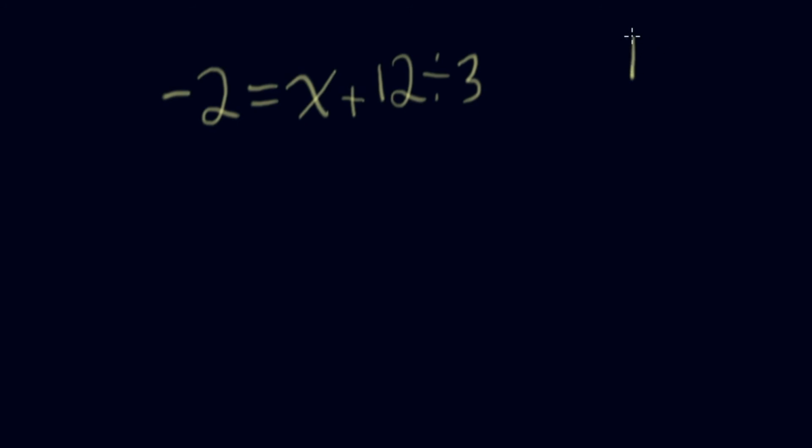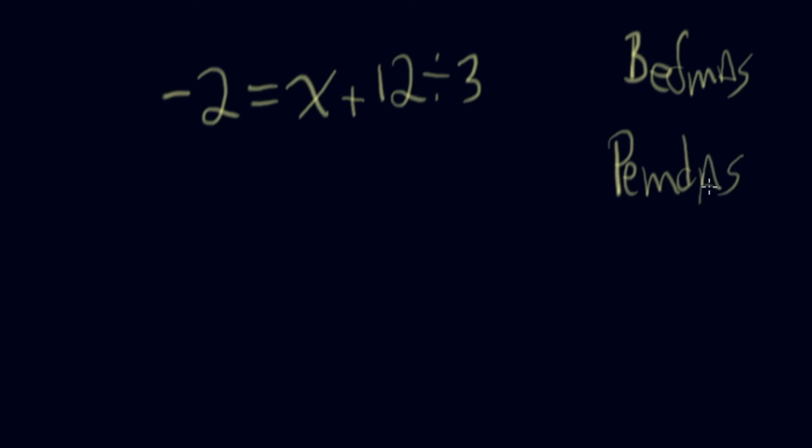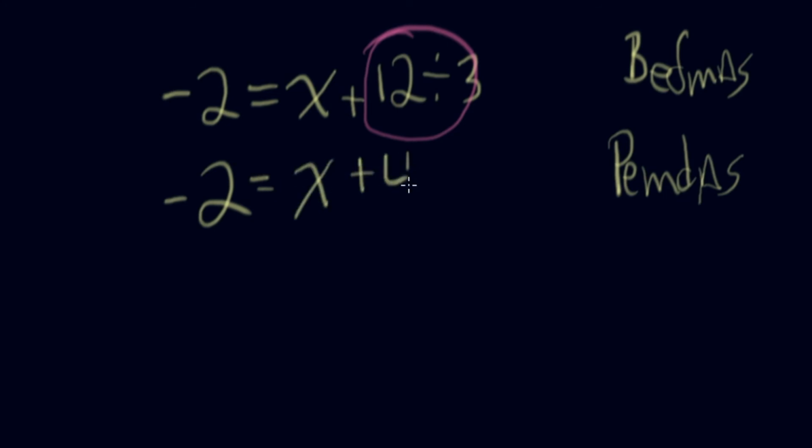Hopefully you guys remember BEDMAS for order of operations. Your teacher might have said PEMDAS. Same thing. So we need to do some order of operations first. So this 12 divided by 3. So here you get negative 2 is x plus 4.